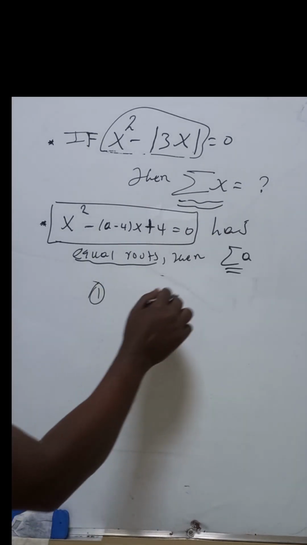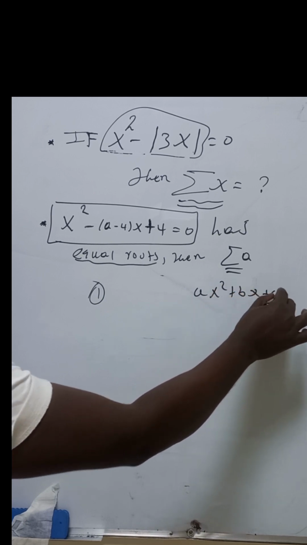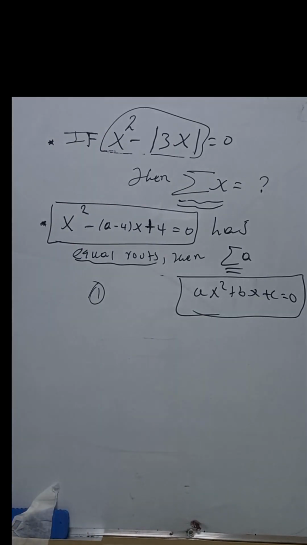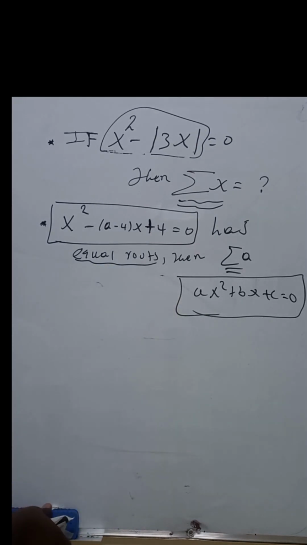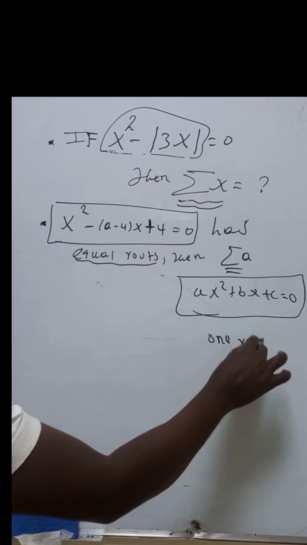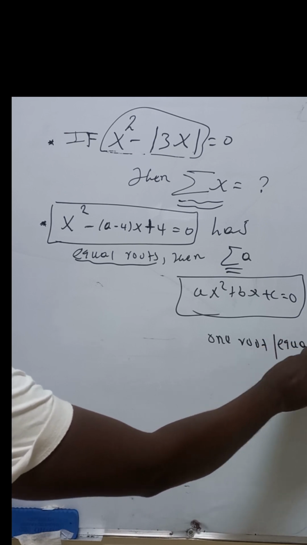For any quadratic equation x squared plus bx plus c, if the polynomial function is written this way, we call it a quadratic polynomial. So any quadratic polynomial written this way will have one root.